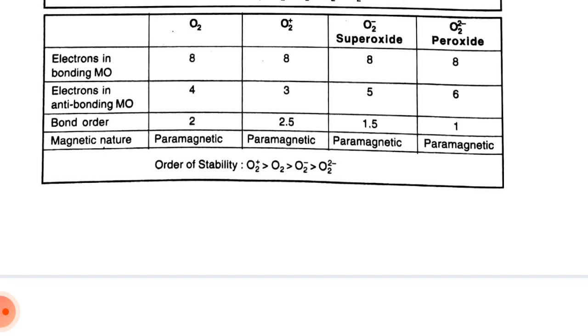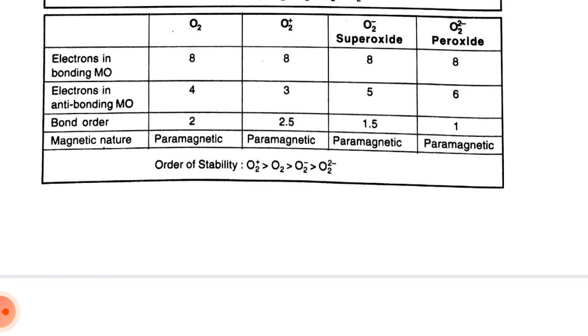In dioxygen O2, electrons in bonding molecular orbital are 8, electrons in antibonding molecular orbital are 4, bond order of O2 is 2, magnetic nature is paramagnetic. For O2 plus, electrons in bonding molecular orbital are 8, in antibonding molecular orbital are 3, bond order of O2 plus is 2.5, magnetic nature of O2 plus is paramagnetic.